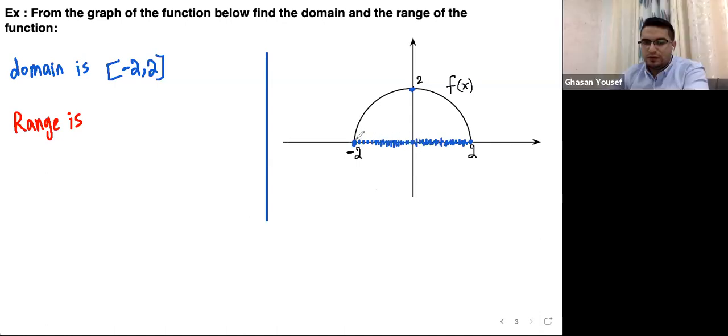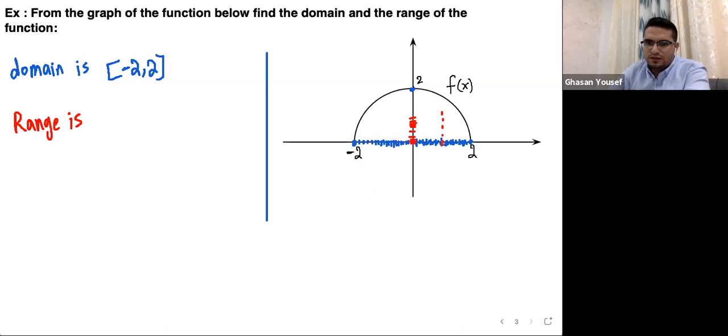We include it because when x equals -2 or x equals 2, the y value is 0. And all points between -2 and 2 will use these values. Look at this point, for example. It intersects the curve at this point, so this is the y value, and the same for the other values.